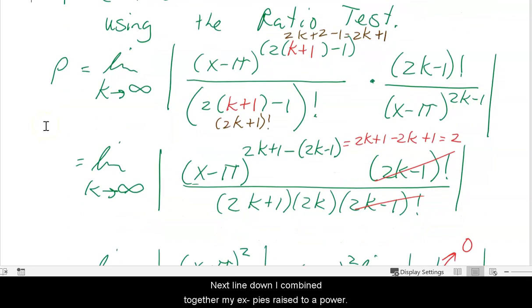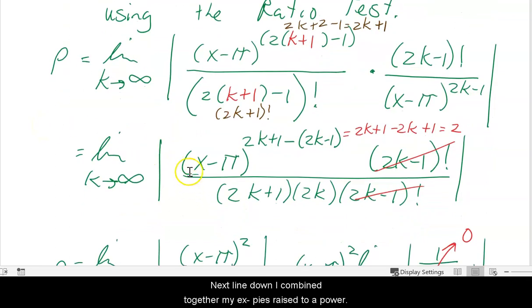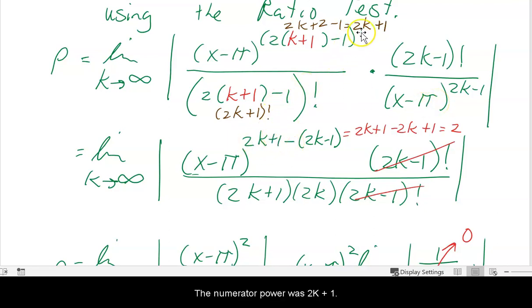The next line down, I combine together my x minus pi's raised to a power. Again, since the base in both cases is x minus pi, I can subtract the powers. The numerator power was 2k plus 1, and the denominator power was 2k minus 1. Again, I worked out the arithmetic in a different color to get 2.